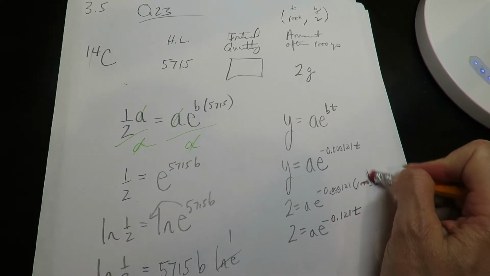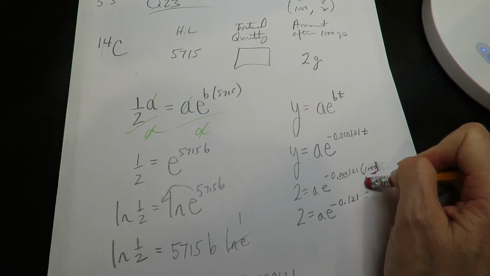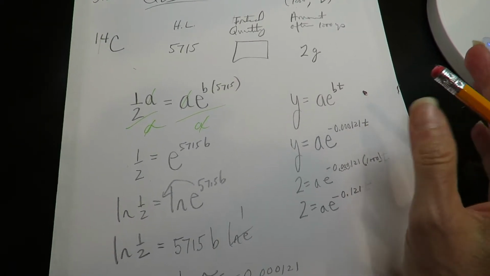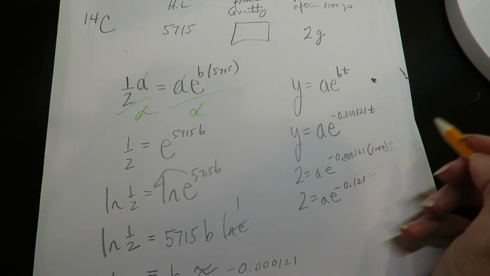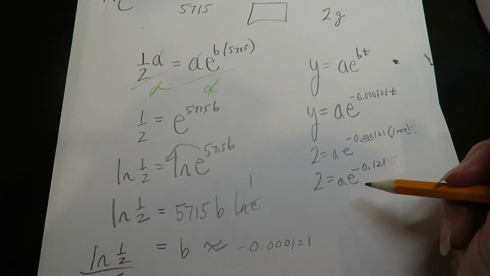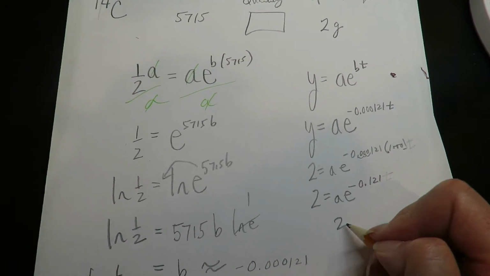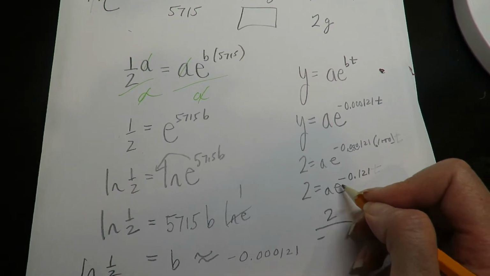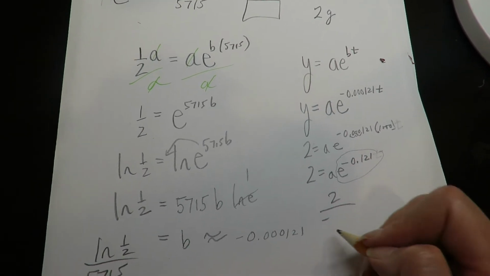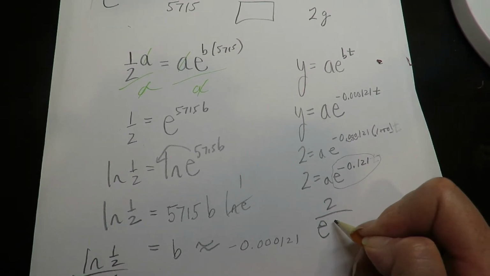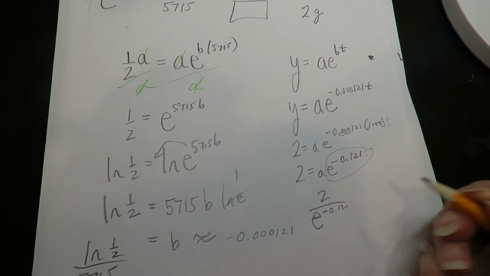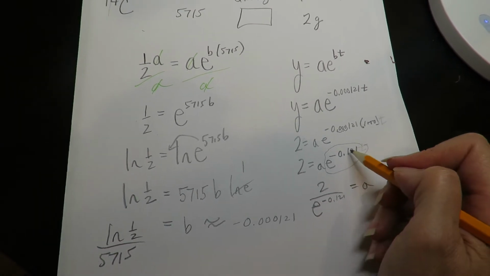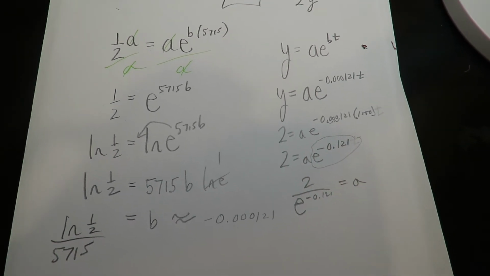I didn't forget to write it. Sorry, T is 1,000. Okay, so now what we're going to do is solve for A. So to get A by itself, you just divide off this part here. Okay, so I divide this off to the other side, and I'm almost there.